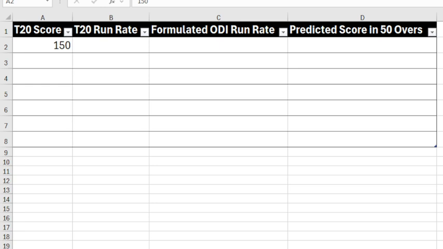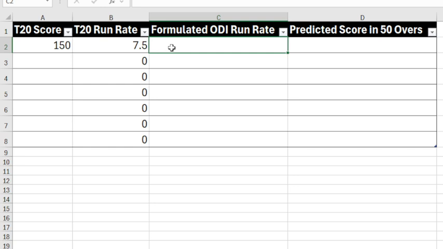Now let's go back to the formula wherein we say that the T20 score is 150. So the run rate after 20 overs for a 150 score would be 150 divided by 20, which comes up to 7.5.